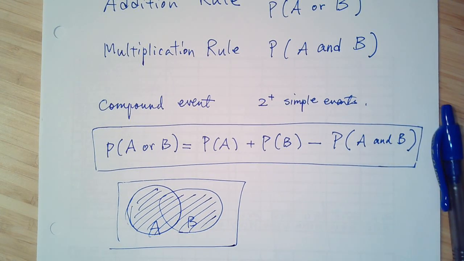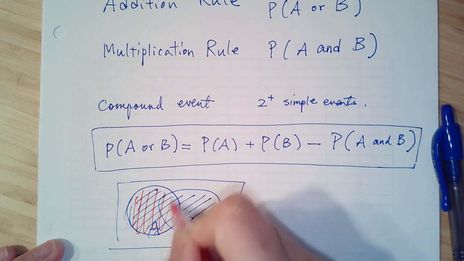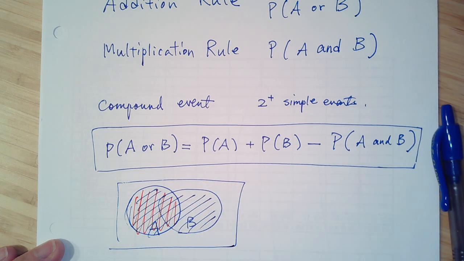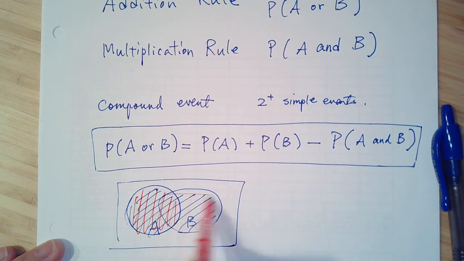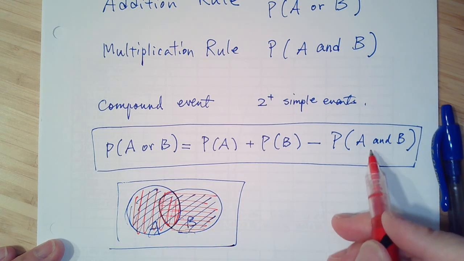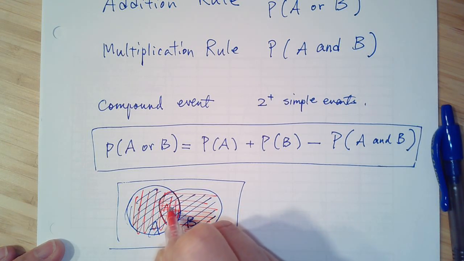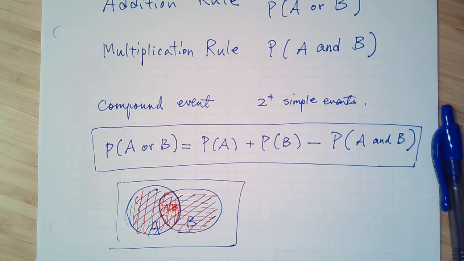If you look at this, it is the probability of A plus the probability of B, but since you count this area twice, you have to subtract it. That's the A and B. In this little region, there's the A and B part.